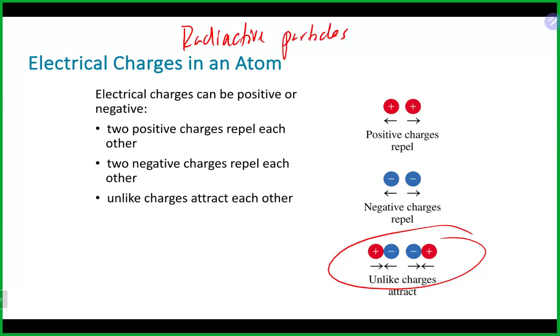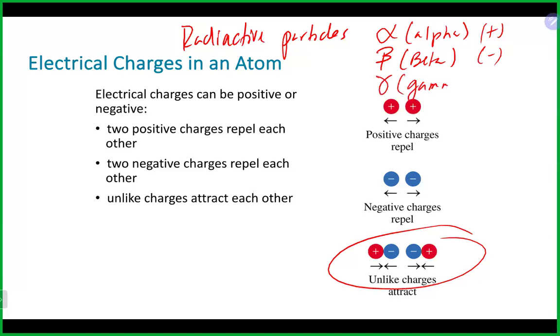Very common ones are alpha particles, which are positively charged radioactive particles, really like the helium nucleus. There's beta particles, which are negatively charged radioactive particles, like an electron. And there are gamma rays, which pretty much have no charge, but are pretty high in energy.